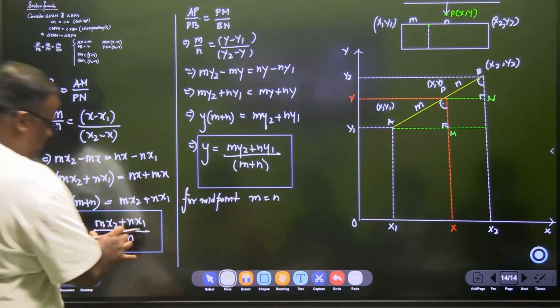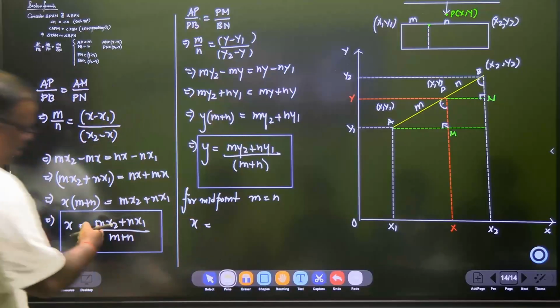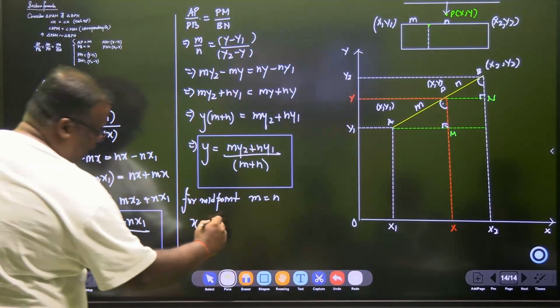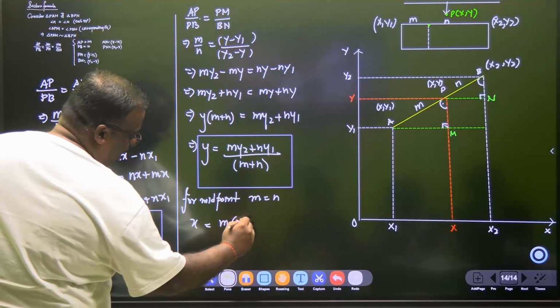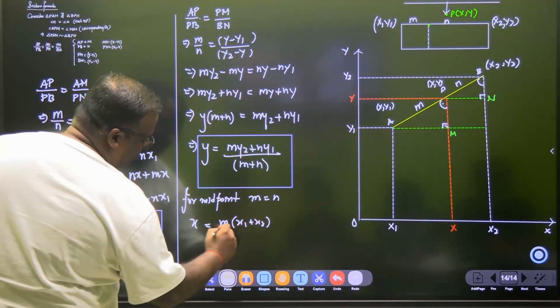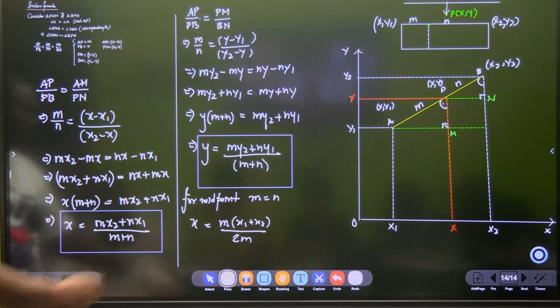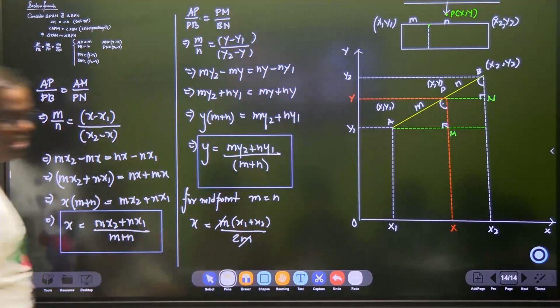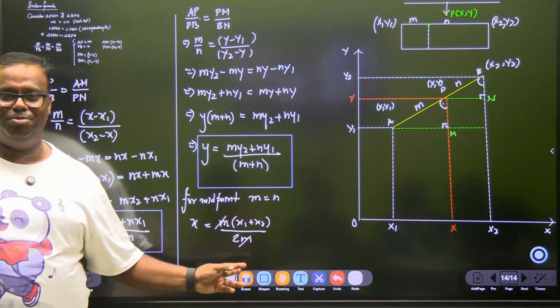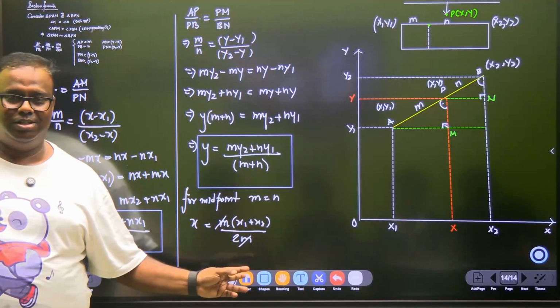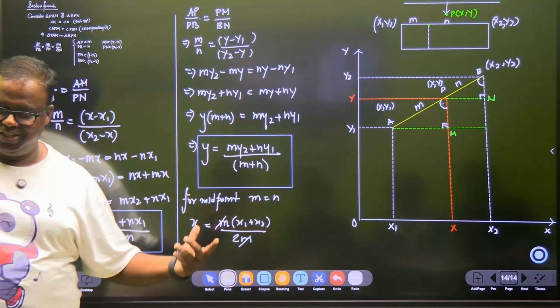So let's just make m, so what does your x become? Make both as m, so it becomes, you can take m as common, x1 plus x2, and in bottom it will become 2m, m plus n. So if the midpoint is a very nice formula, which is just the average x1 plus x2 divided by 2. Getting the maza of it?